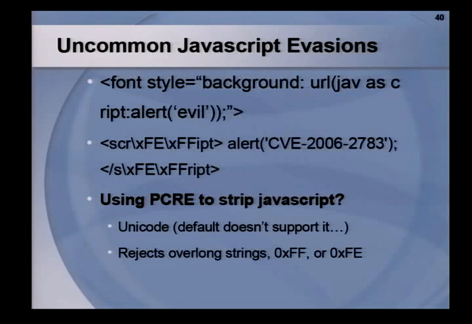So if you add FF or FE into the form field you're submitting, and then the regular expression tries to remove all of the stuff, when it gets to the FF or the FE, it'll just stop processing and say, okay, the rest of the string is okay, return it. Then the application continues to use it, thinking it's safe because it passed through its perfect regular expression.